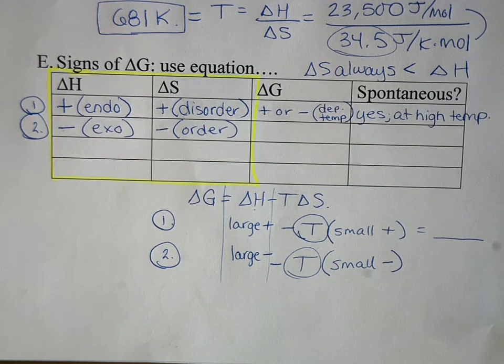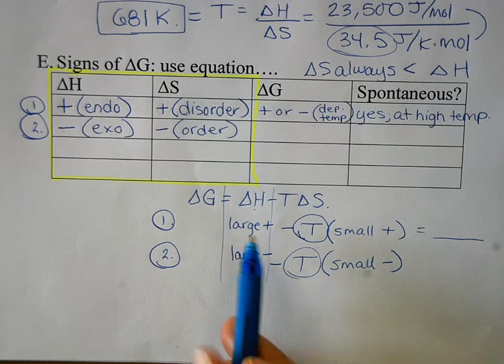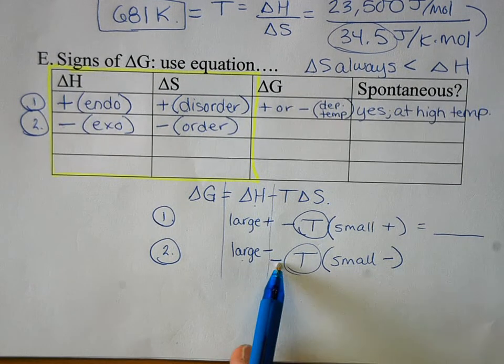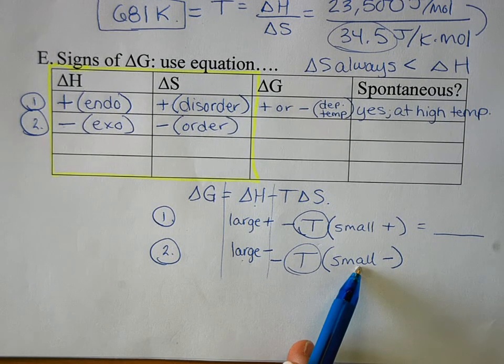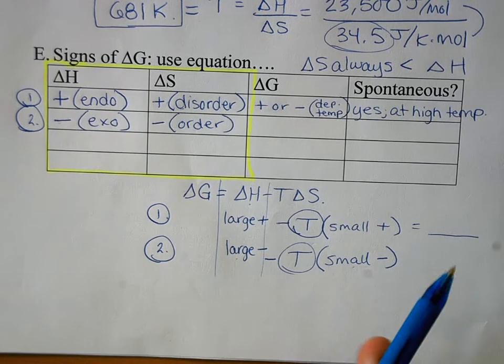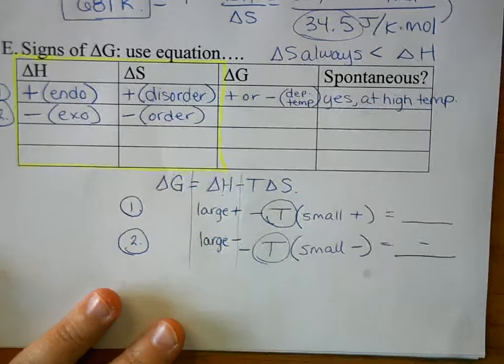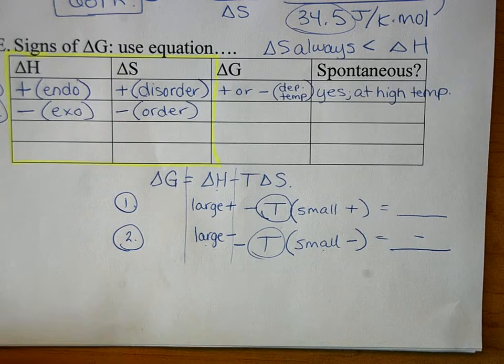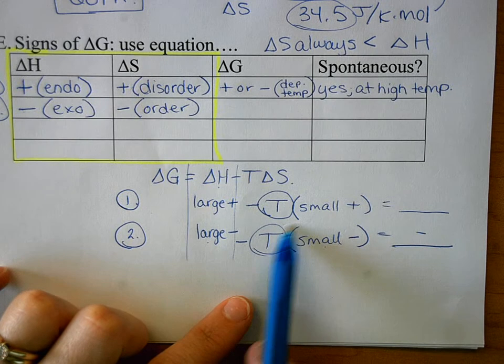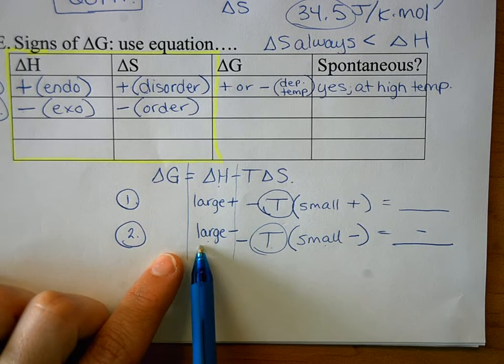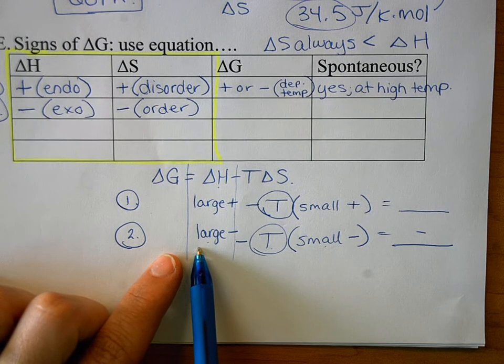This is probably the hardest one to think through because of all of the negatives. But if I have a really large negative number and I subtract a negative number, then it's like adding to it, right? And I want my G to be negative in order for it to be spontaneous. So I need to keep this number smaller than this number. Otherwise it will become positive and not spontaneous.